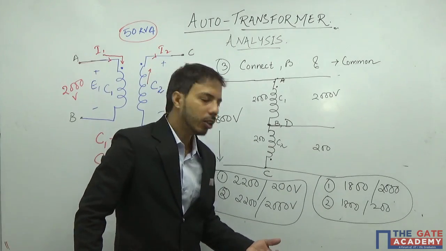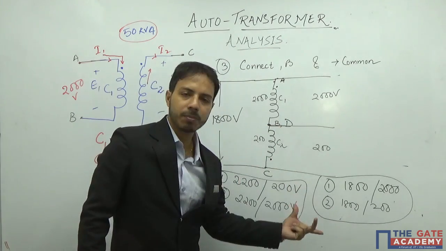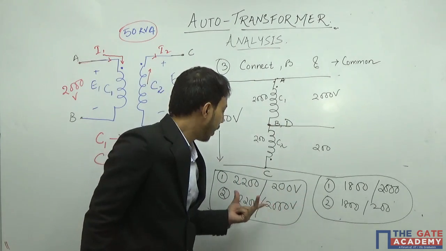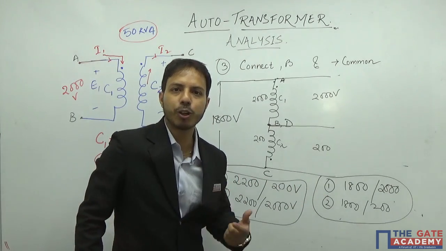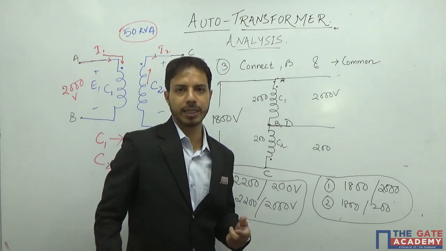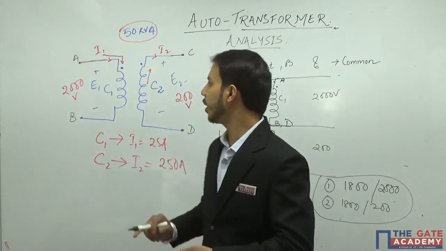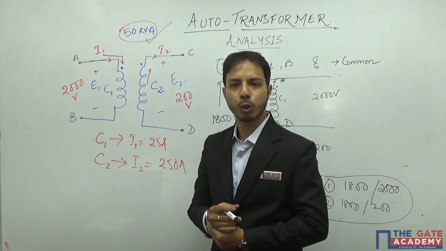Okay. Now the important thing is that the kVA rating for each of these connections is different. And this is what we have to learn, because in GATE the questions will be something like that. First, they may ask: I have a 50 kVA 2-winding transformer.